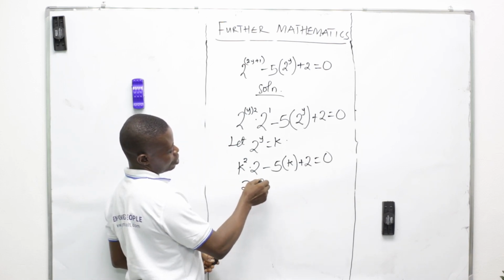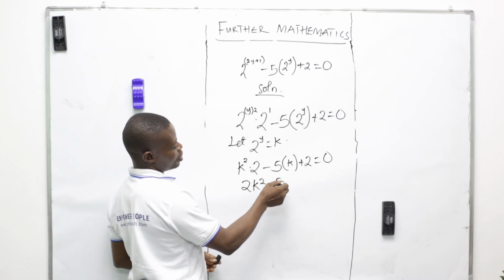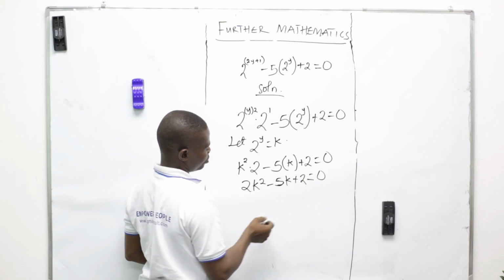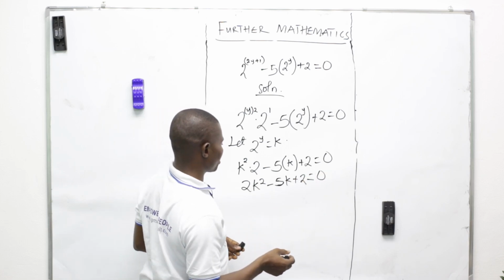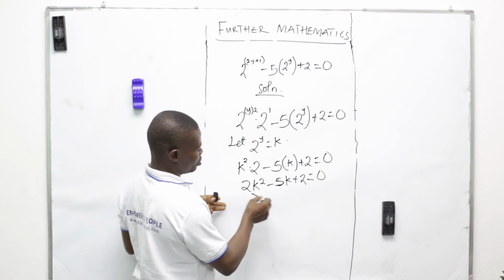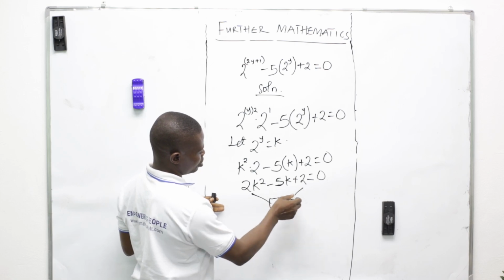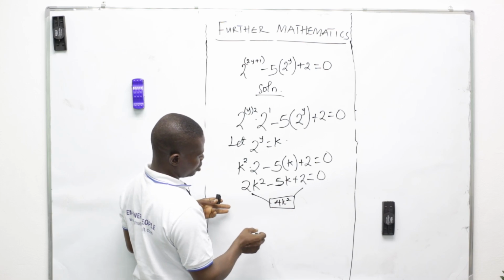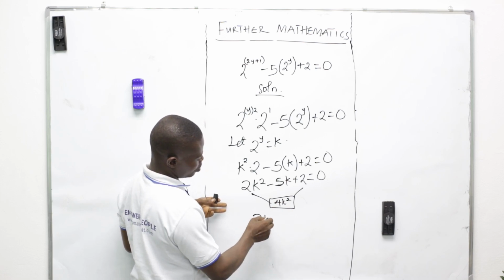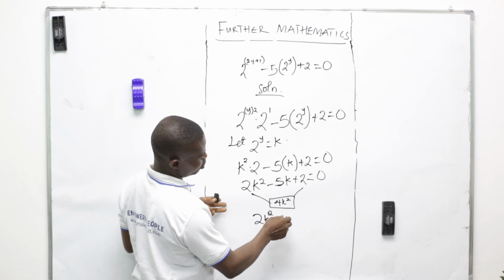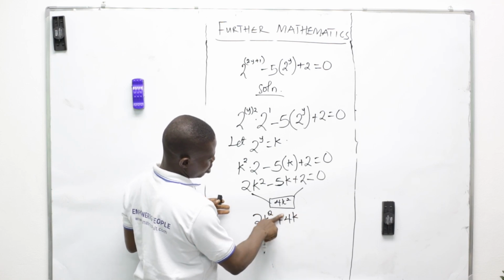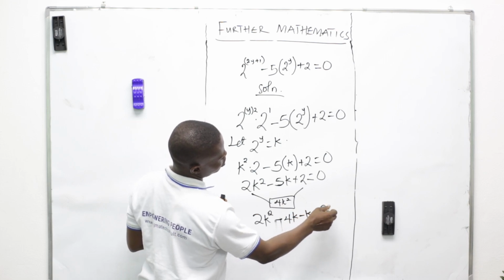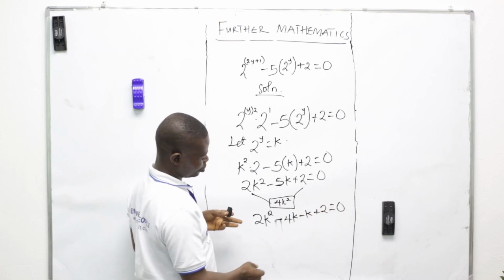2k squared minus 5k plus 2 equals 0. Now let us factorize. By linking method, this is 4k squared, meaning that 2k squared minus 4k minus k plus 2 equals 0.